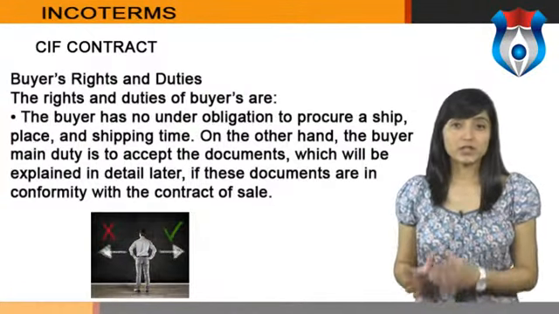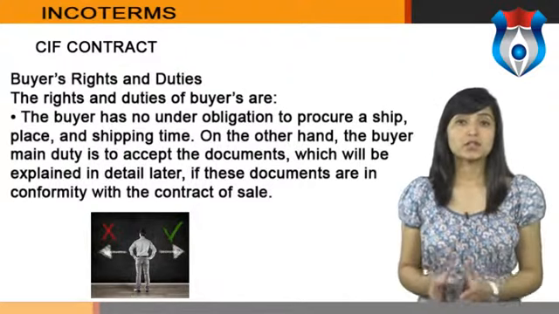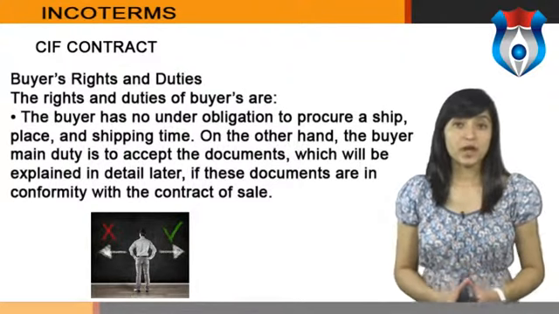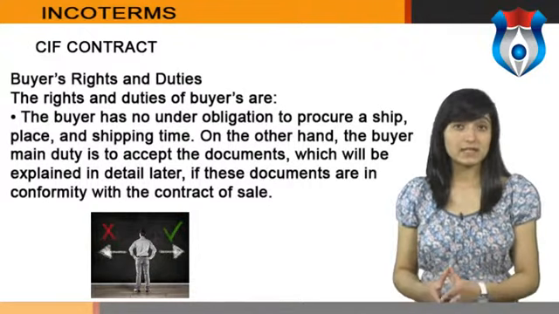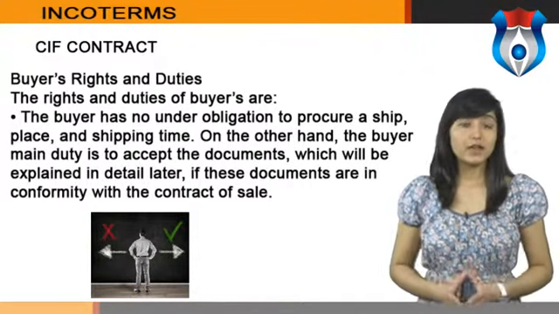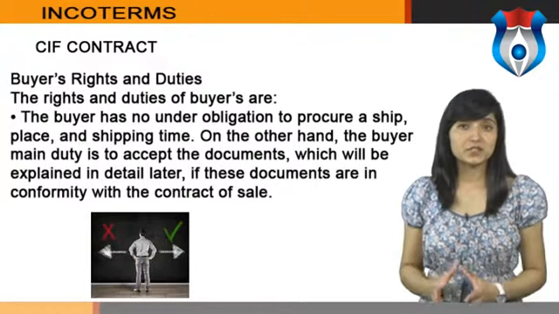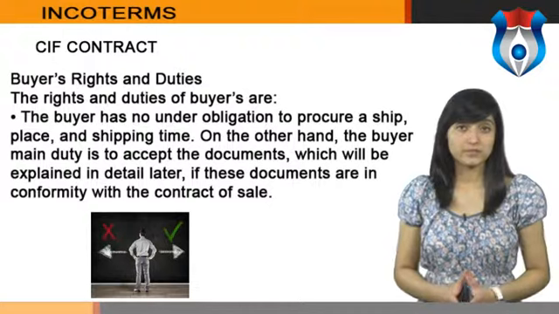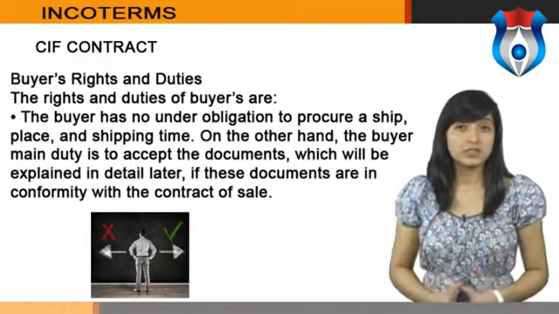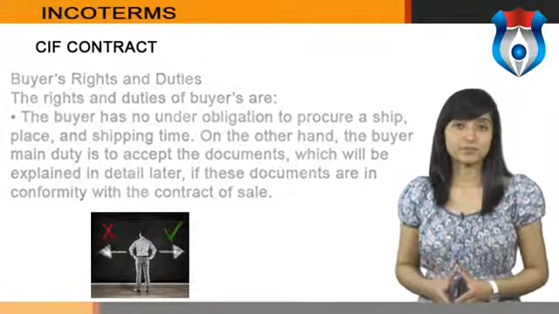Buyer's rights and duties. The rights and duties of buyers are: the buyer is under no obligation to procure a ship, or to fix the place and shipping time. On the other hand, the buyer's main duty is to accept the documents, which will be explained in detail later, if these documents are in conformity with the contract of sale.